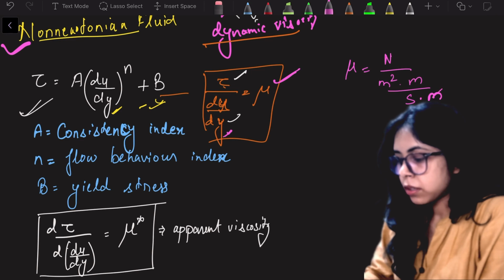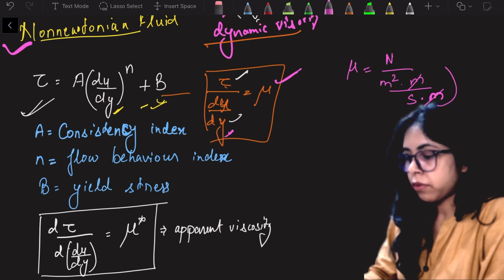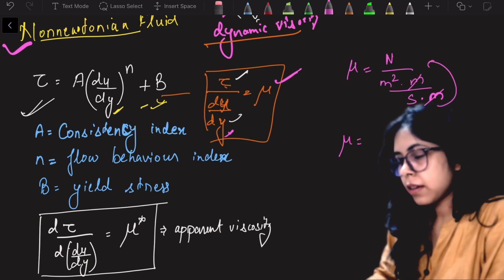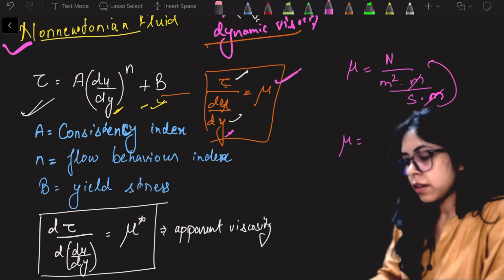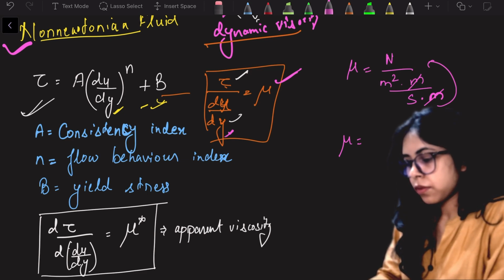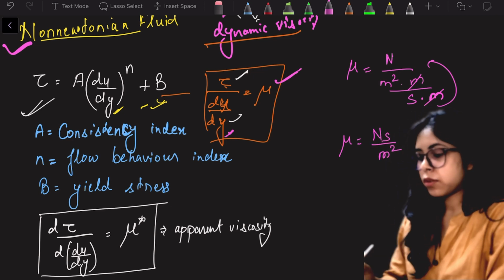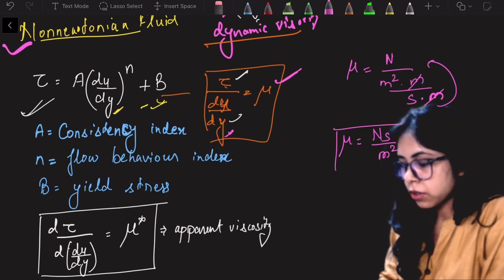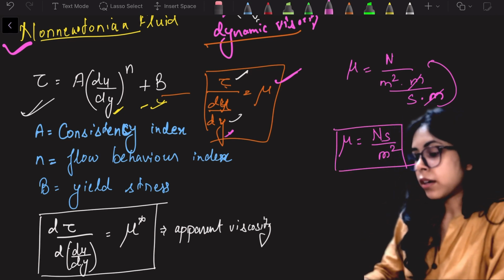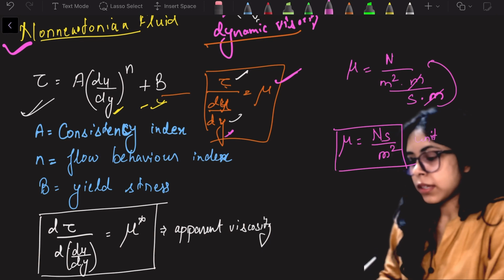So meter cancels, second will go upward. We are getting the dynamic viscosity unit, that is Ns upon m square. Newton second per meter square is the unit of dynamic viscosity.